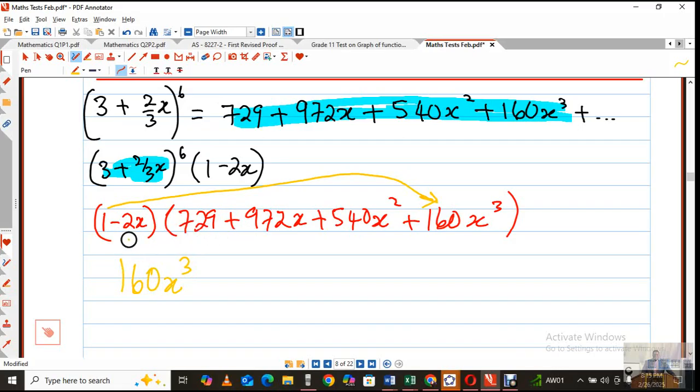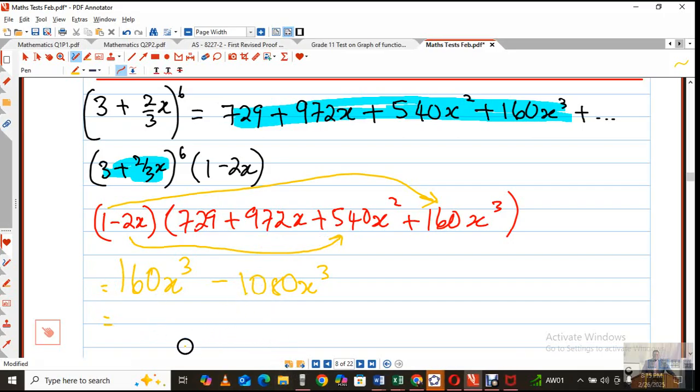So if I take this minus 2 and I multiply this minus 2 with this one over here, okay, this is going to give you minus 1080 x cubed. There are no other terms that will multiply that will give me x cubed. So essentially, whatever this answer here, this is going to be my answer. So when I take 160 and I say take away that, I'm going to get minus 920 x cubed.